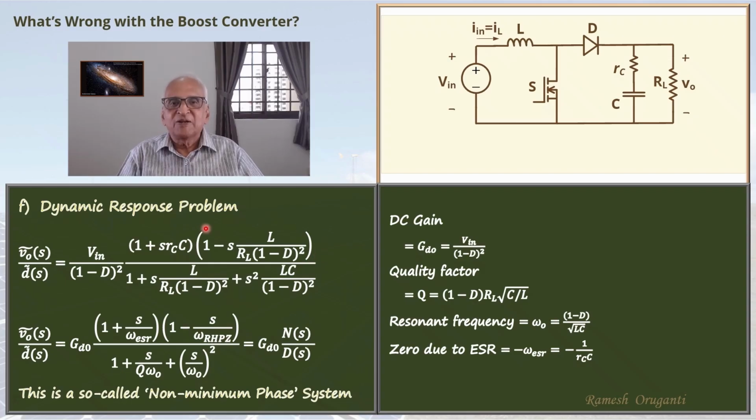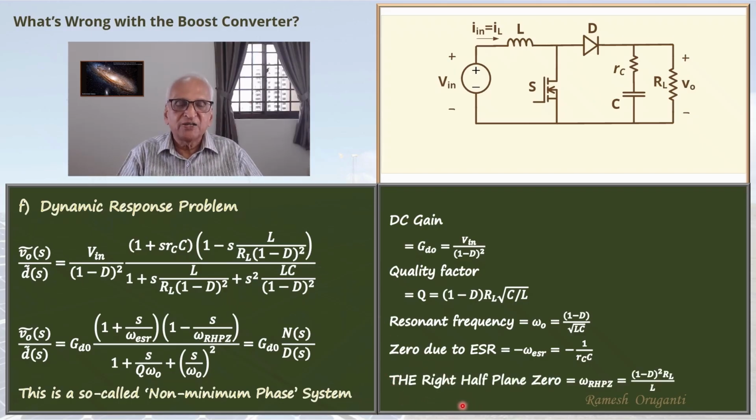This term represents the 0 not due to ESR but because of the boost converter structure and the switching. That 0 is the right half plane 0, and that will be equal to omega RHPZ, that will be 1 minus D whole squared RL by L. So if S equals 1 minus D whole square RL by L is substituted here, again the term will become 1 minus 1 and the numerator will go to 0.